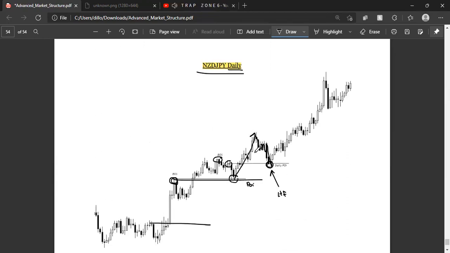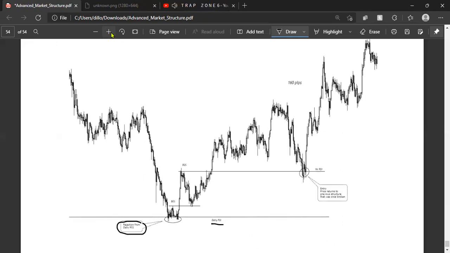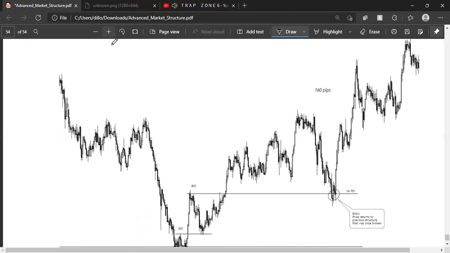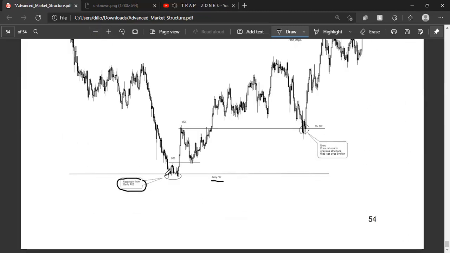And what do we see? So we're looking at this area, guys, right here, this daily point of interest, right? So what do we see? Daily point of interest, a rejection. A rejection here, right?